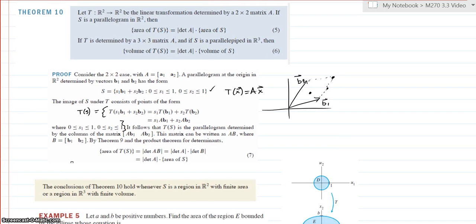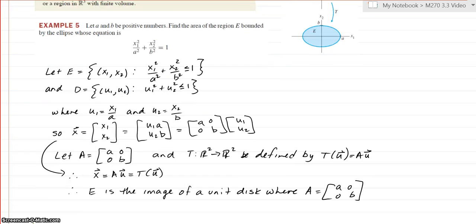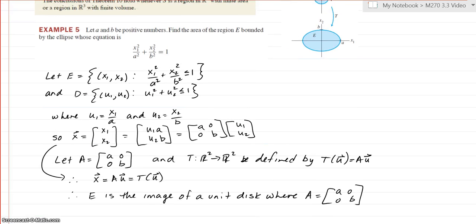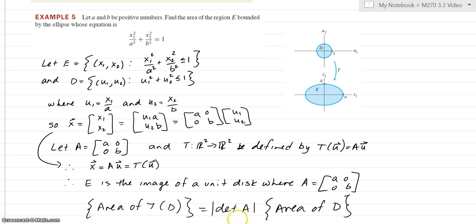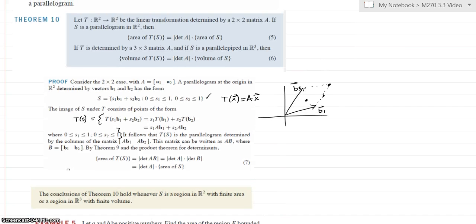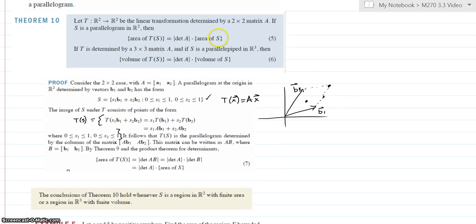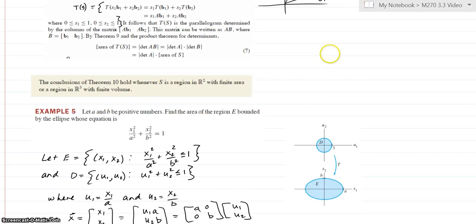The area of T of S. So in our case, what do we want? We want that the area of T of D is equal to the determinant of A times the area of D. So that's exactly what that said, in case instead of an S, it's a D.